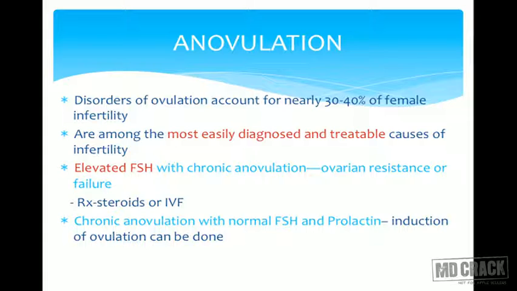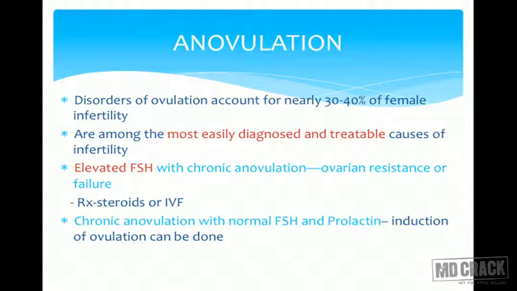That's why pituitary is continuously sending FSH. FSH levels high, estrogen levels low, the ovaries are resistant or failed. In such cases, we have to calculate ovarian reserve of that particular patient, and we cannot waste time doing IUI or doing other modes of treatment. We should directly take that patient for IVF.